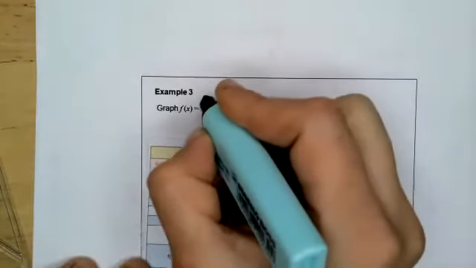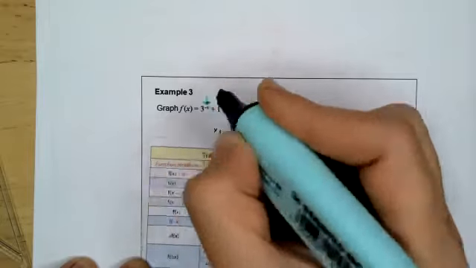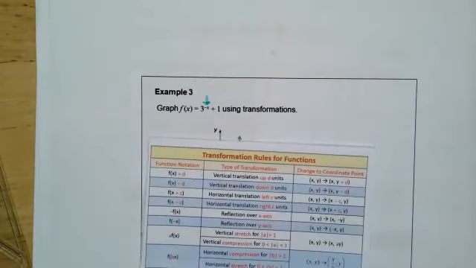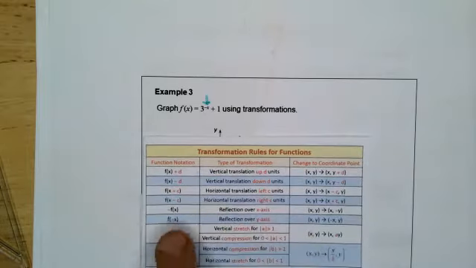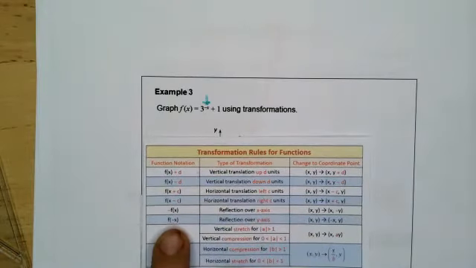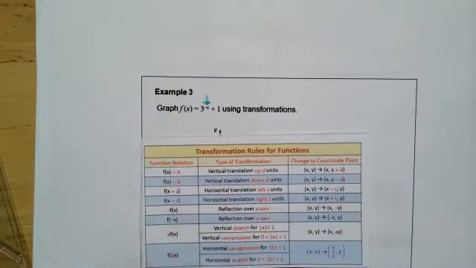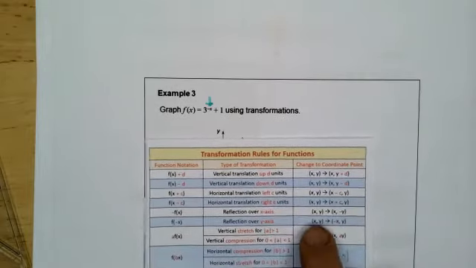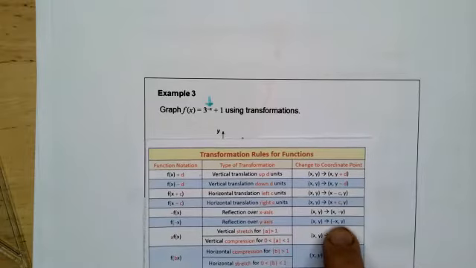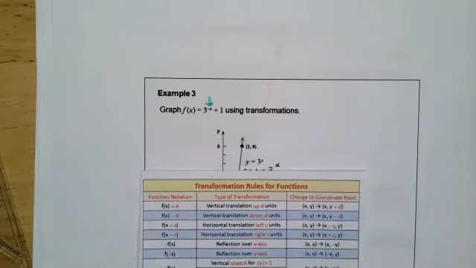We have a negative on just the x. So that looks like a reflection over the y-axis. Every x value becomes a negative x value. Just trying to think of how best to write this.